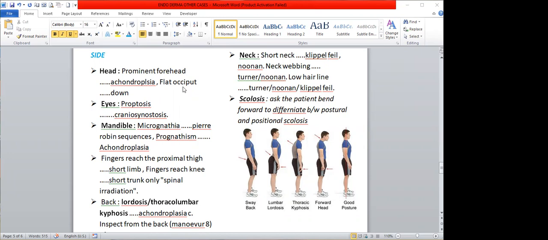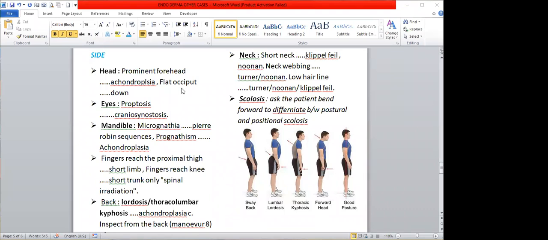Flat occiput is seen in Down syndrome mostly, and some other syndromes may also have a flat occiput. Syndromes with hypotonia may have brachycephaly and flat occiput.